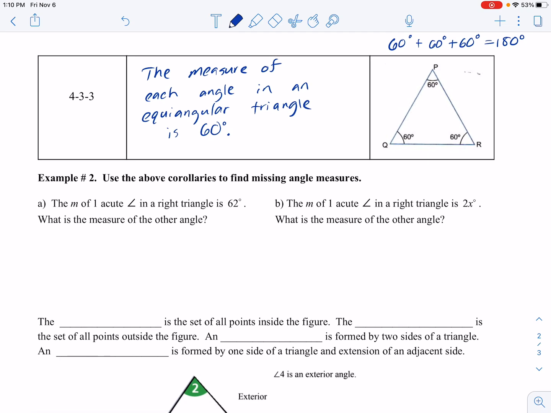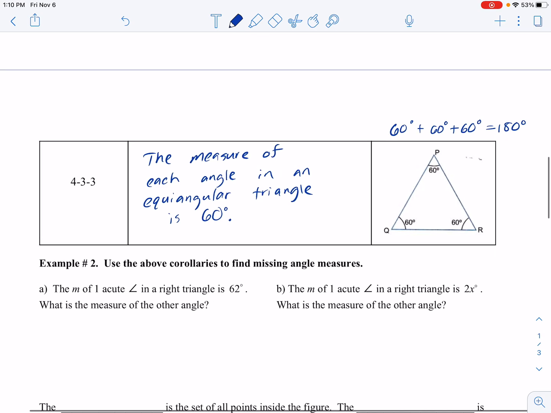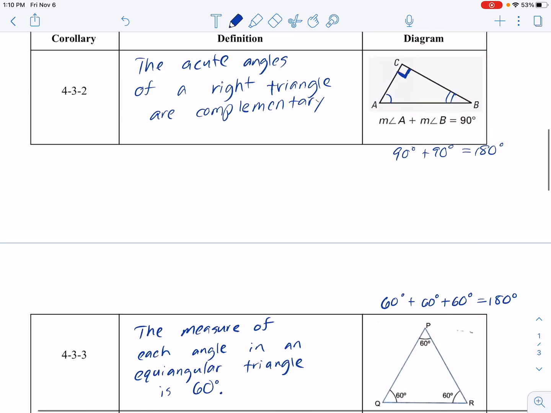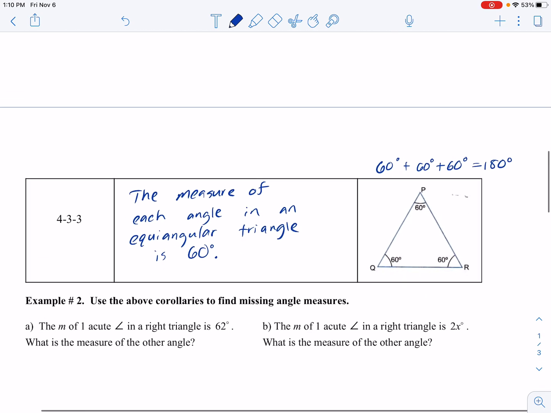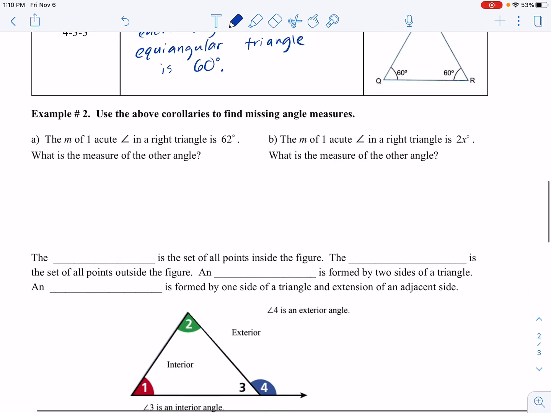All right, let's use what we know from these two corollaries, which come directly from our triangle sum theorem, to solve. Let's just do A in this example. We won't worry about B right now. A states the measure of one acute angle in a right triangle is 62 degrees.